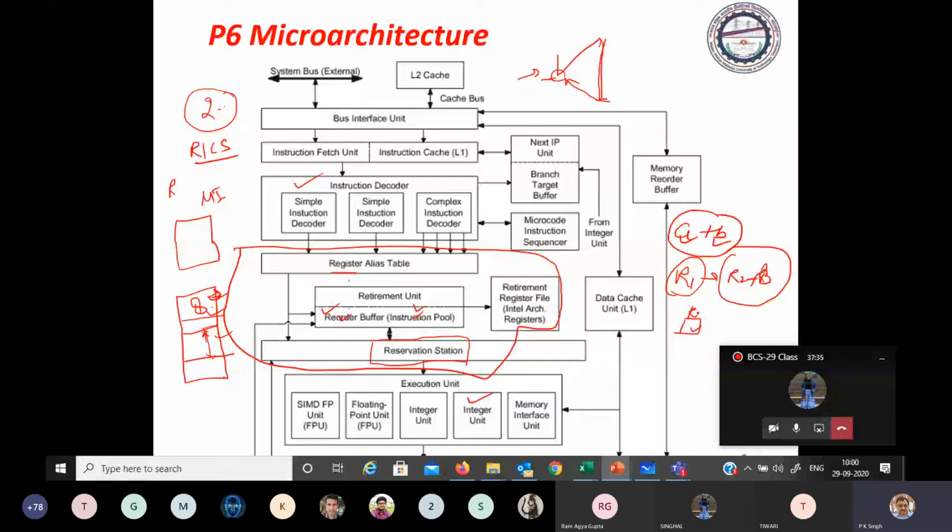That will be part of the new window, and it will supply this information to the retirement unit. The retirement unit will retire the instruction accordingly using this partially computed result. This is the Tomasulo algorithm.